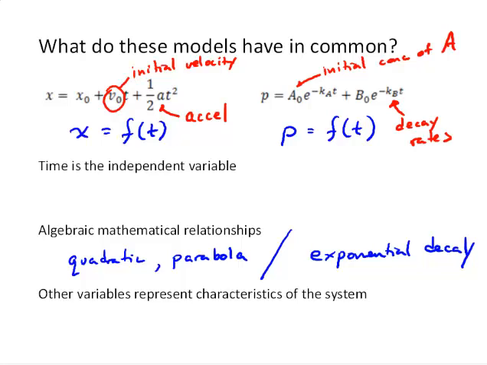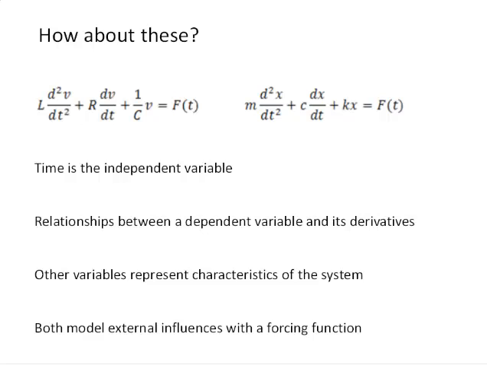Let's look at a couple others. Here is the RLC circuit model and the spring mass oscillator model. Again, in both cases, time is the independent variable. However, in this case, since these are differential equations, the models represent relationships between a dependent variable and its derivatives.